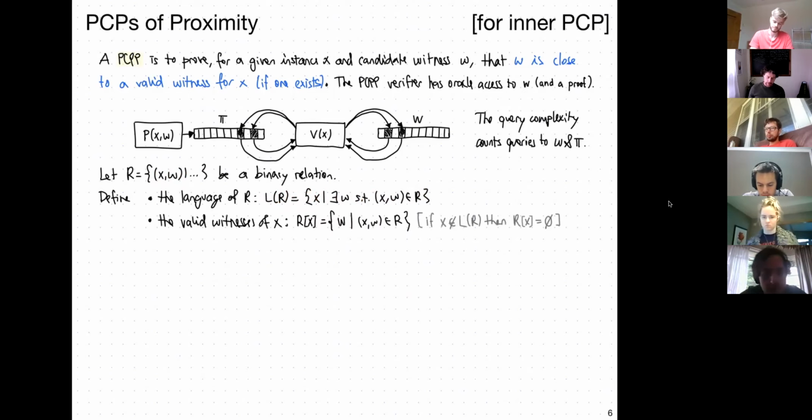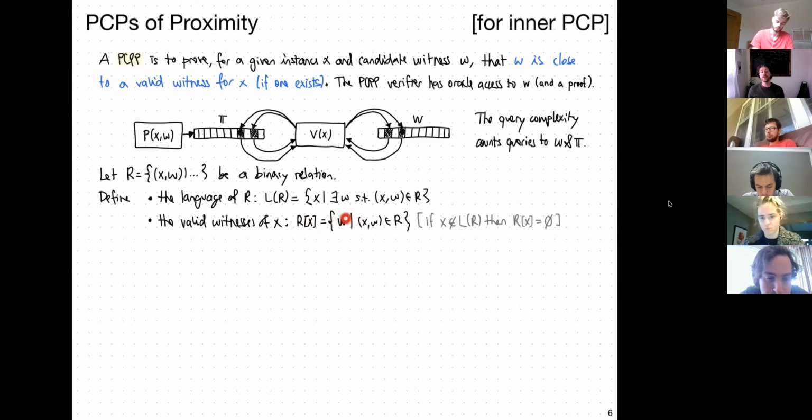So now what we want to look at is what are the valid instances of X, right? We'll denote by R of X the set of all witnesses that belong to the relation. So what does it mean? It means in this example of equation, these are all of the satisfying assignments.